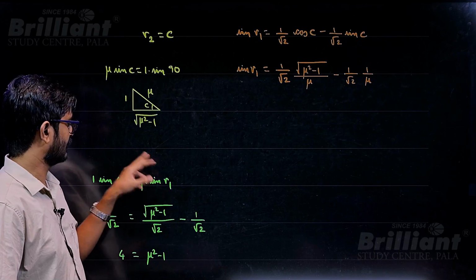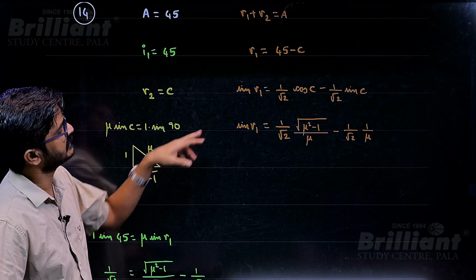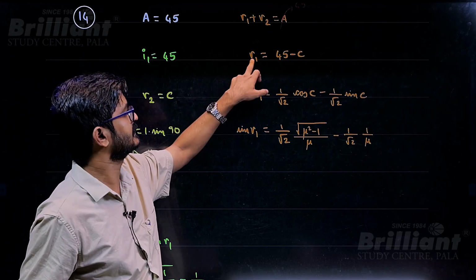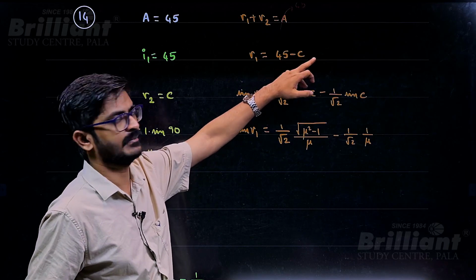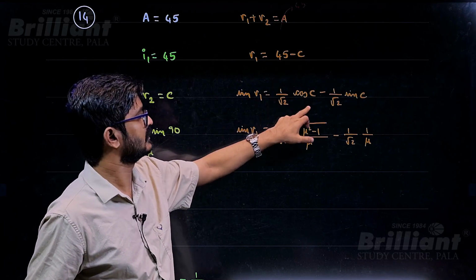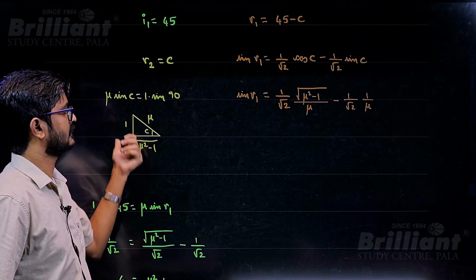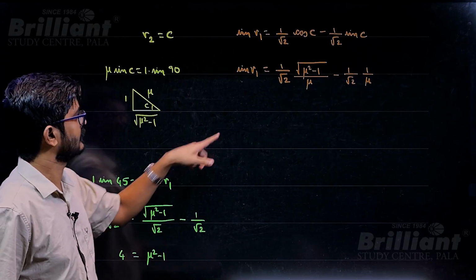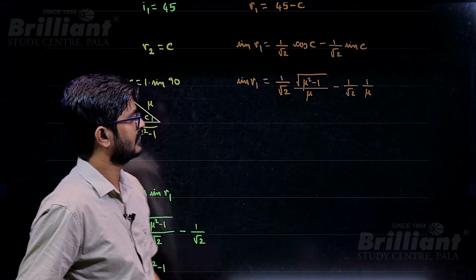Now if I want to find the mu value, I need to figure out sin R1. So if I want to figure out sin R1, I will take it here. Sin R1 equals sin of 45 minus C, that is sin(A minus B), sin A cos B minus cos A sin B. Now what are sin C and cos C from this triangle? You can substitute it back. From here, mu sin R1 is root of mu square minus 1 by root 2 minus 1 by root 2.